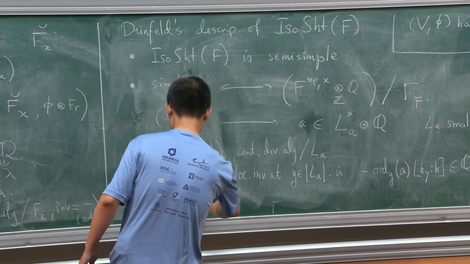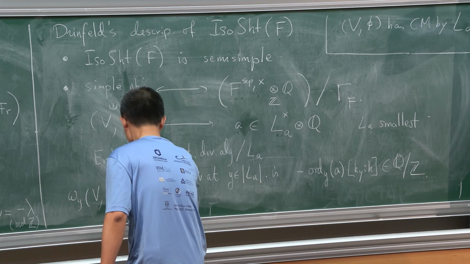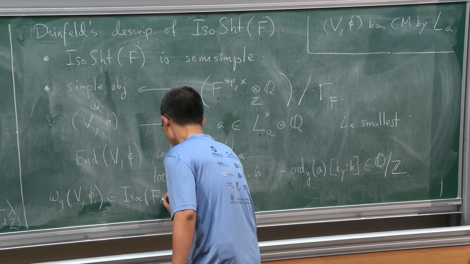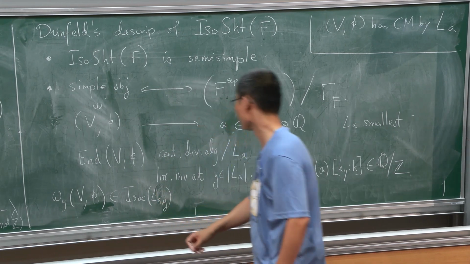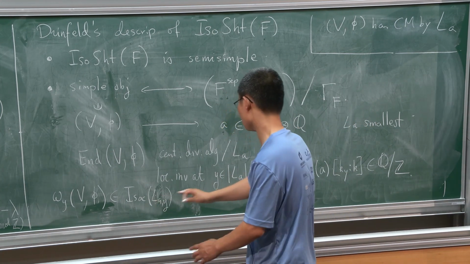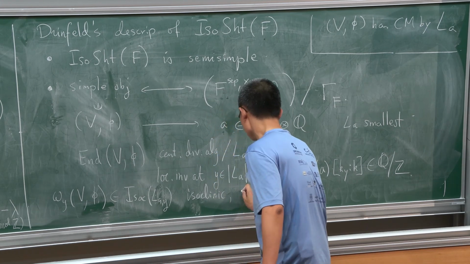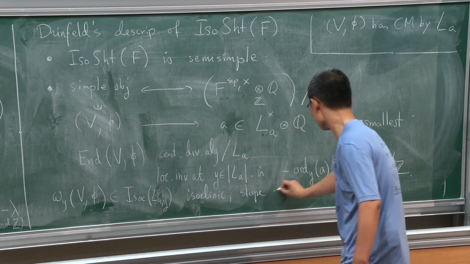When you restrict, you get an isocrystal over L_A,y, and now it's isoclinic with a slope. This number is exactly this number.